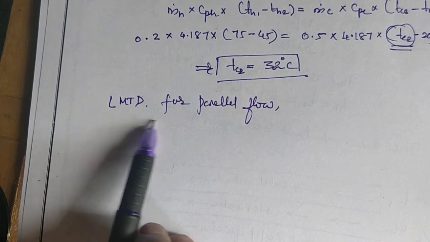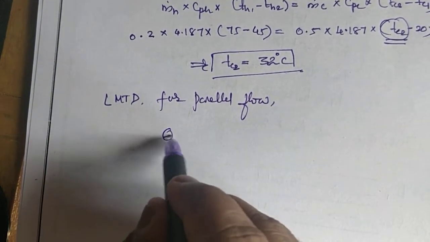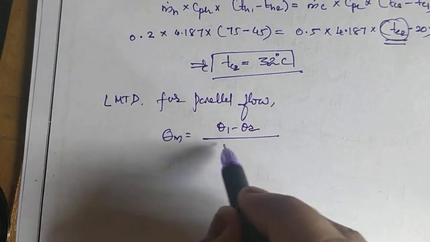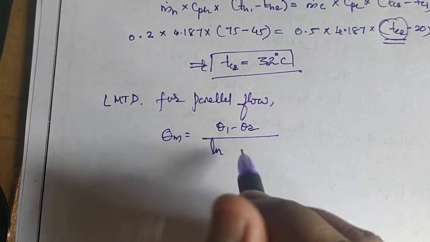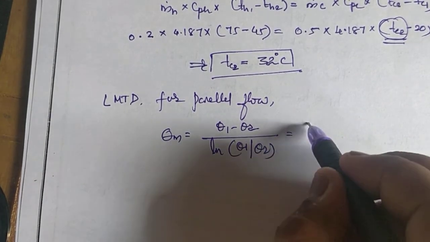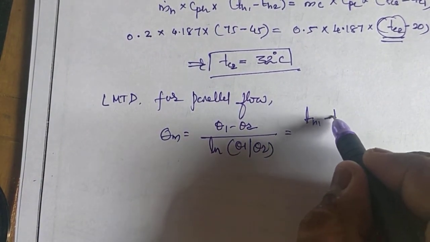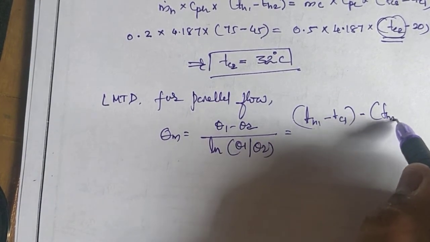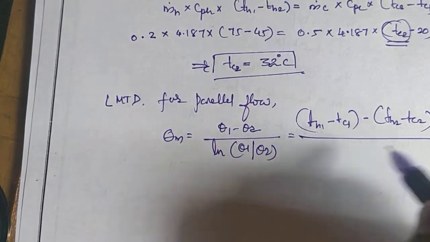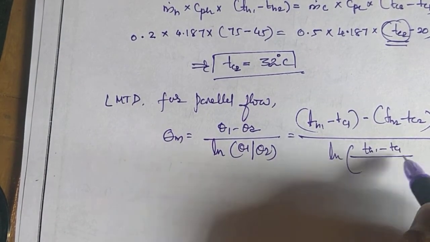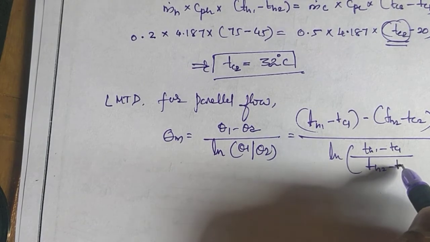Either you can remember this formula or get it from the heat transfer handbook: theta m equals theta 1 minus theta 2 divided by ln of theta 1 by theta 2, or else TH1 minus TC1 minus TH2 minus TC2 divided by ln of TH1 minus TC1 over TH2 minus TC2.